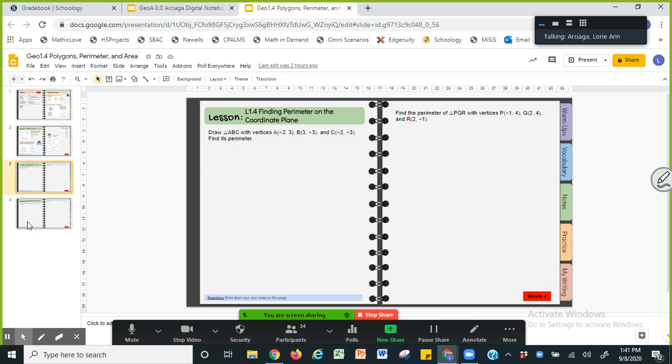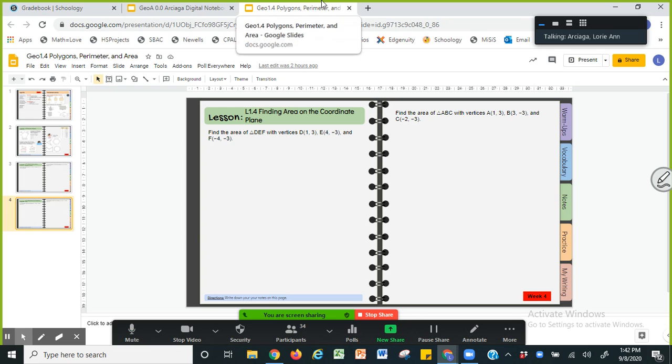What I would like to show you now is this time how to find the area. Let me just take a picture of this triangle so I don't have to keep switching. Now you guys can also use decimals for this if you're more familiar with decimals.